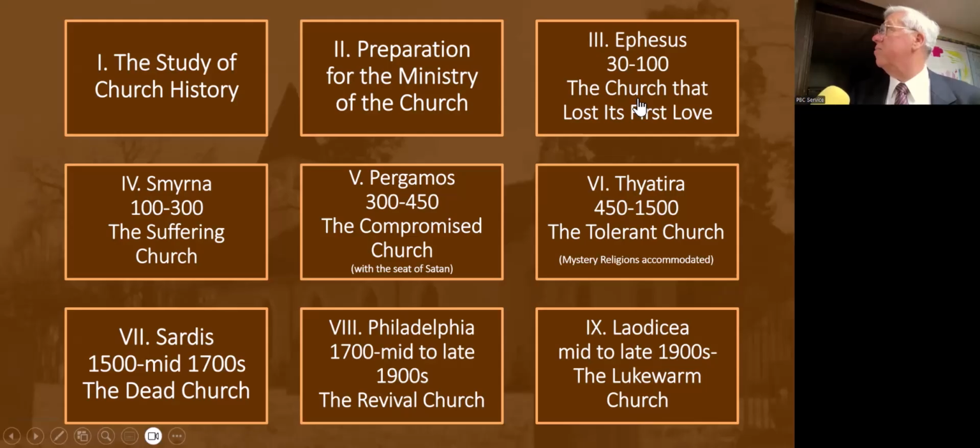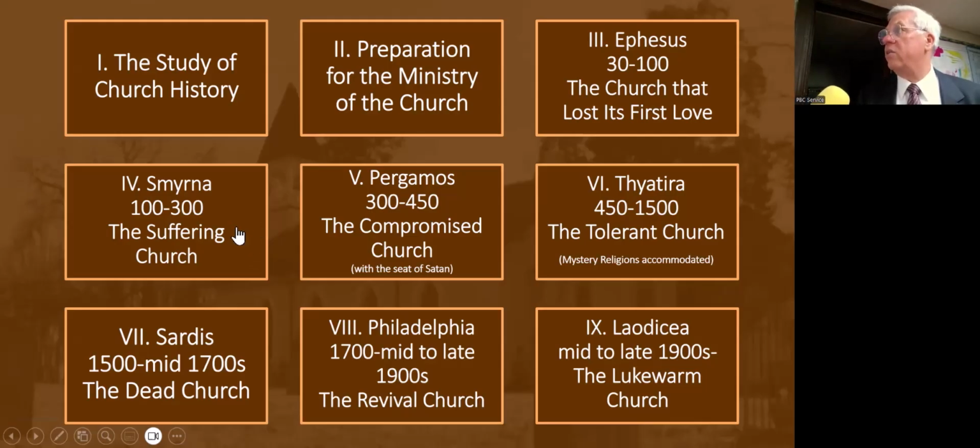In the Ephesian age from 30 to 100 AD, this is a time when even though you had the apostles and they had just been learning directly from Jesus Christ, nevertheless, churches were already slipping into apostasy, and there were already false teachers coming in, not necessarily with bad intentions, just selfish intentions, and as I was saying this morning, with a power grab. So they began to lose their first love right away for Christ as they were going off into other things.